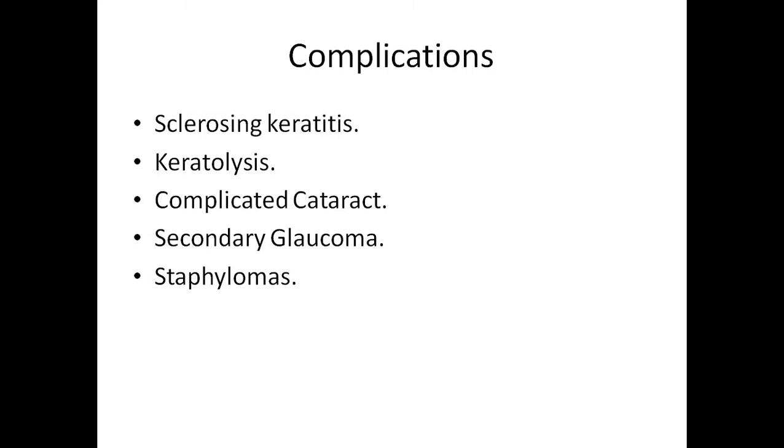The angle of the anterior chamber will also get inflamed, and the trabecular meshwork, which is known to drain the aqueous humor from the eye, will get blocked because of the inflammation, leading to secondary glaucoma. Staphylomas will also form because of thinning of the sclera. Just now I had shown you how a ciliary staphyloma looks like.